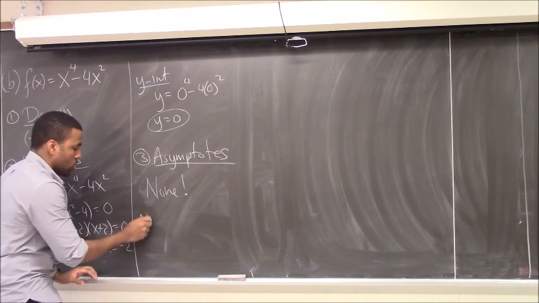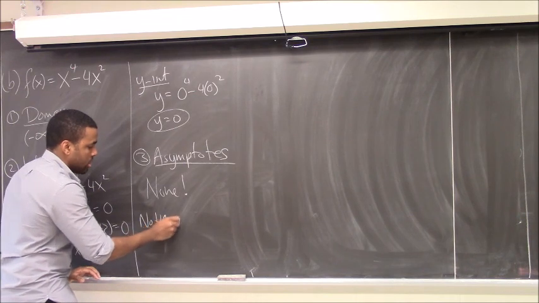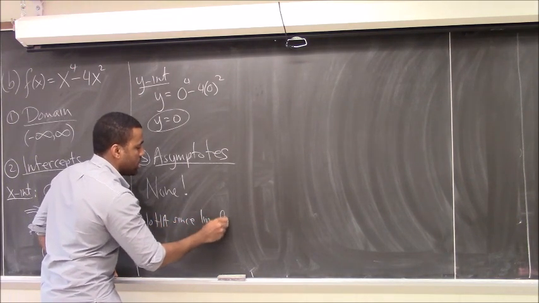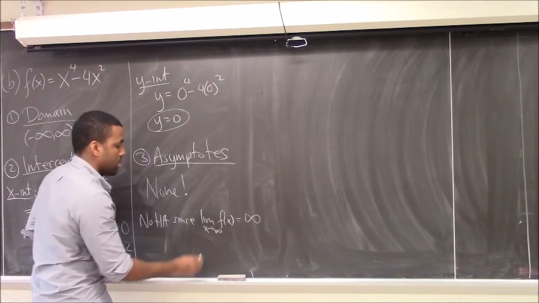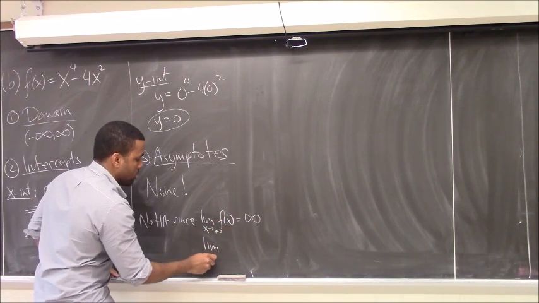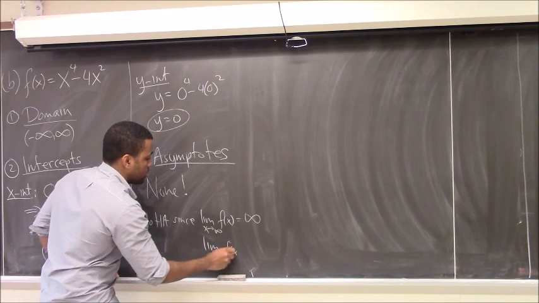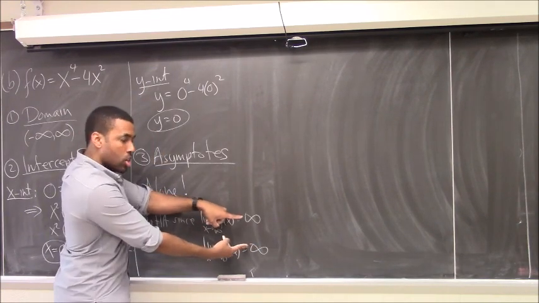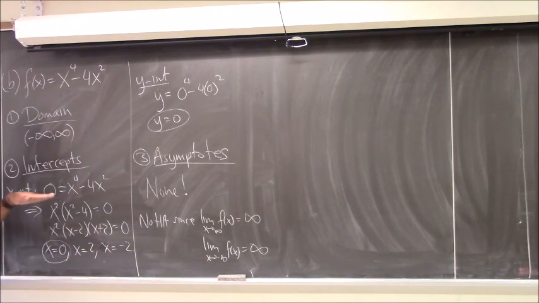Right? So there's no HA since as I approach infinity of our function, I get infinity, and as I approach negative infinity of our function, I also get infinity. But the fact that we don't get a number is a problem, right? It has to level off at a number to be a horizontal asymptote.